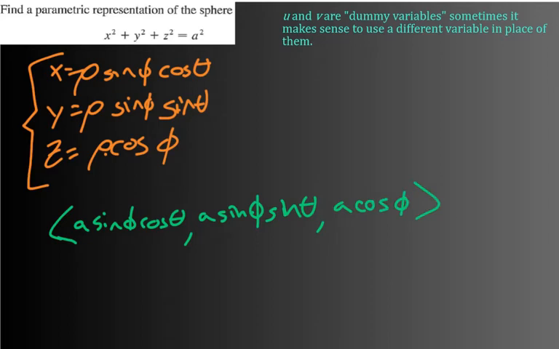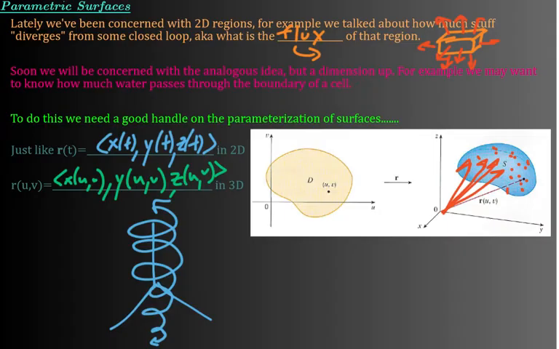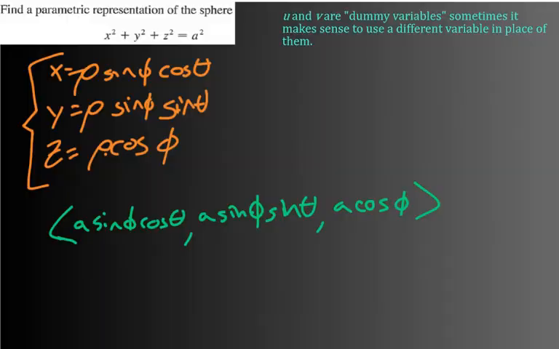It doesn't always have to be the u and v that I had on the previous slide. We just typically use u and v as dummy variables to talk about how there are two parameters to a surface like this.